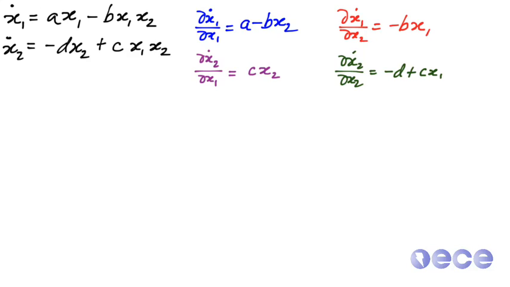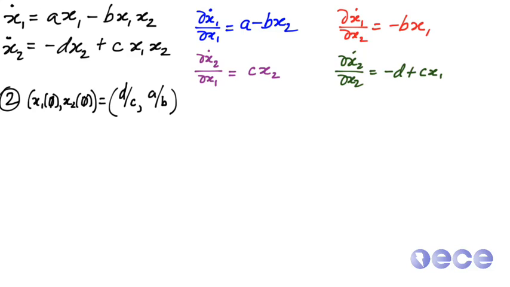Alright, so let's look at exactly the same case, but now for a second equilibrium point. This is exactly the same as before; I repeated it on this slide to make it a little bit easier to understand. So at the second region, x1,0 and x2,0 are equal to d over c and a over b respectively. Earlier in a different example, we calculated that this was an equilibrium point of the system, basically where x dot was equal to 0.